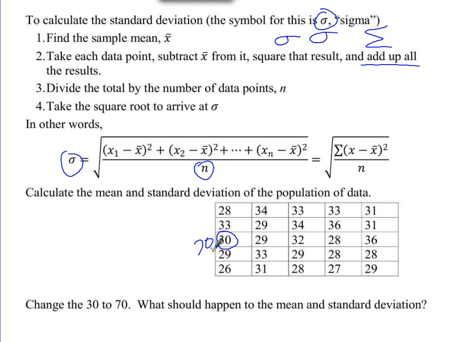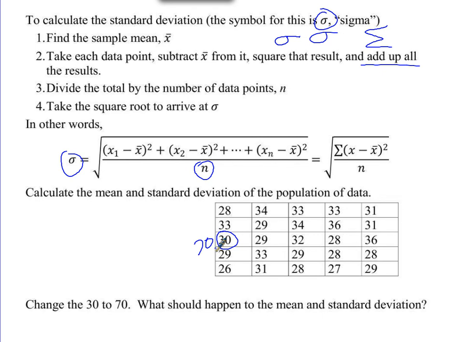Probably take a good look at that outlier and consider getting rid of it. If I get rid of the outlier, then that's going to change my mean and it's going to change my standard deviation. And I'll get a more true picture of what the rest of the data looks like. Okay? This outlier is so huge that it's really changing things for me. So maybe I get rid of it and then take a look at that new mean or that new median.